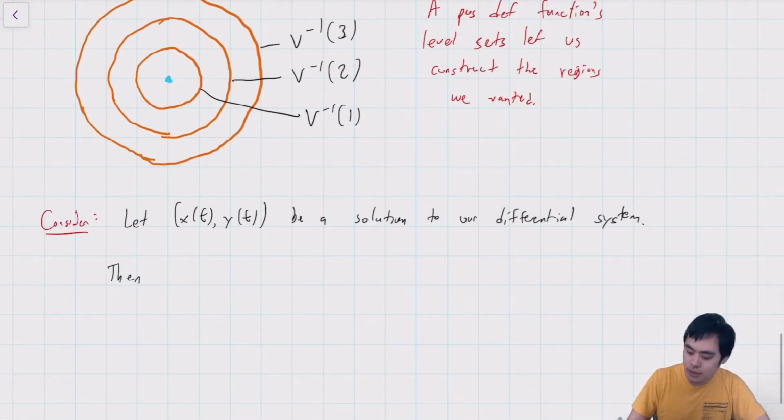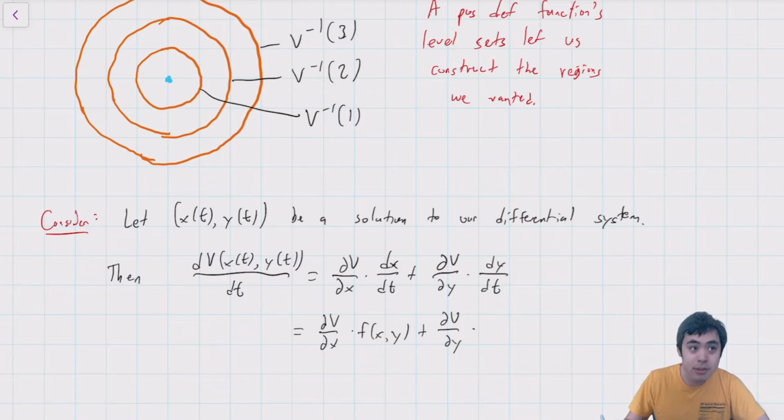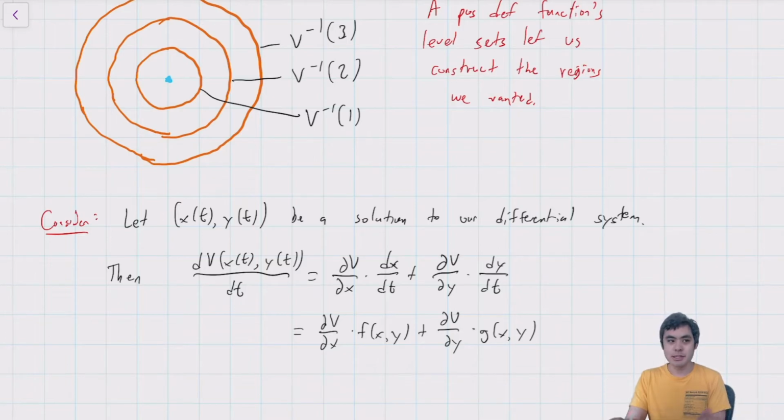Then the derivative with respect to time of v is equal to the partial derivative with respect to x times dx dt plus the partial derivative with respect to y times dy dt. By doing the substitutions, this is partial x of v times f of xy plus partial y of v times g of xy. Luckily, this has no dependence on time, which makes sense because it's autonomous.